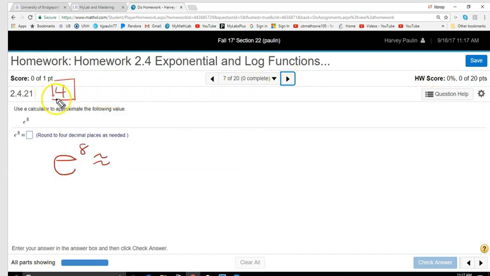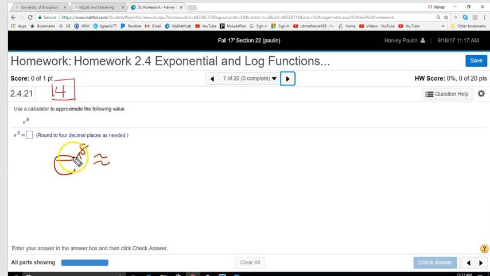Now for number 4, we're asked to use our calculator again and find Euler's E and raise it to the 8th power. So in some calculators, they already have the caret built in.